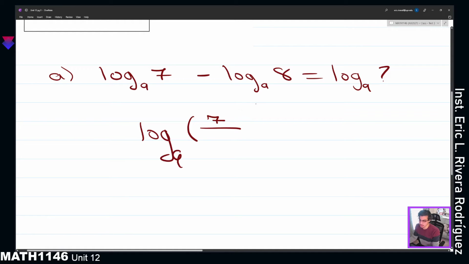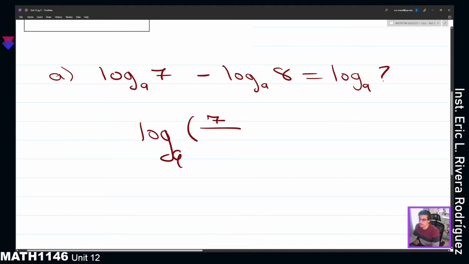of the new argument. So the new argument will be composed based on the two original arguments, 7 and 8. The argument of the first logarithmic function is 7. That 7 will become the numerator. The argument of the second logarithmic function is 8.